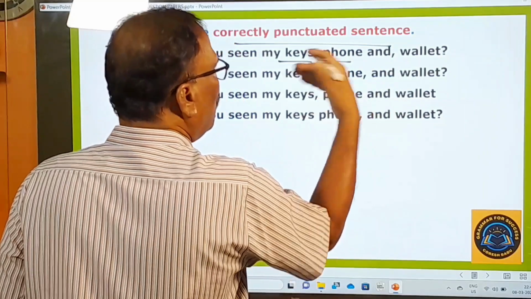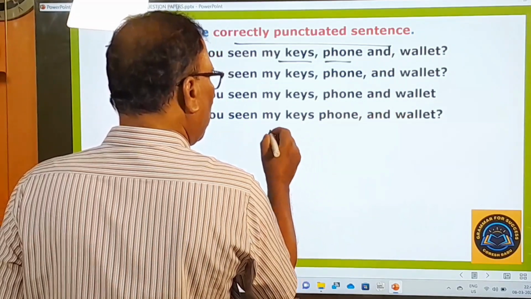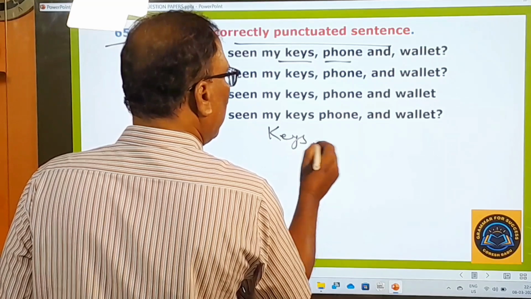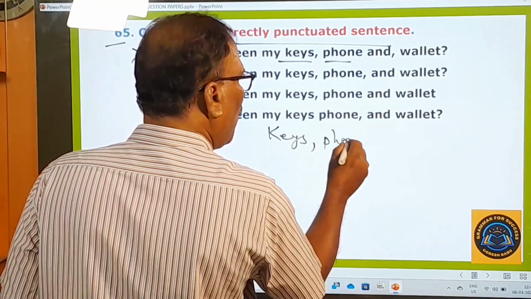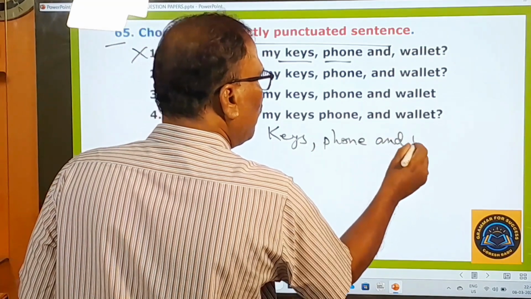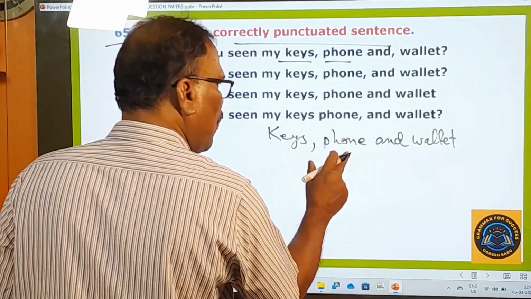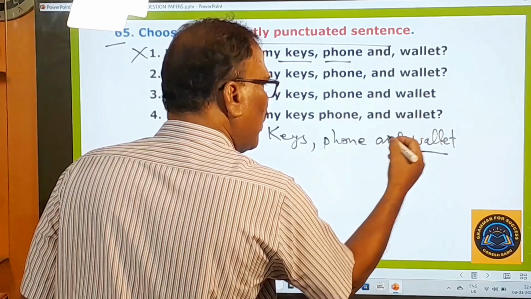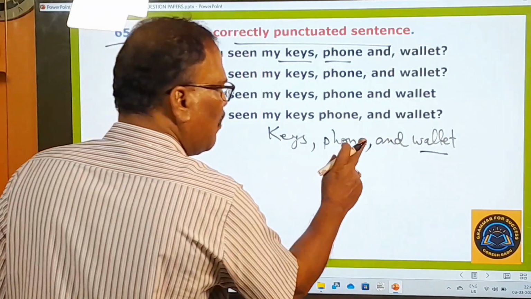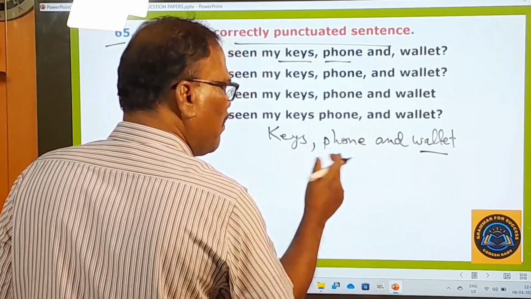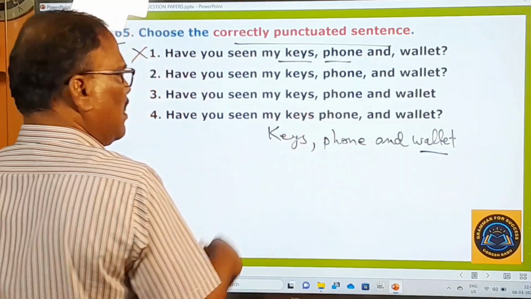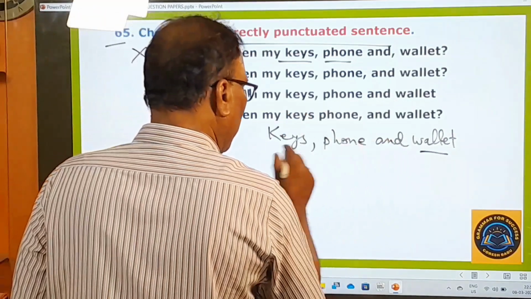When two or more things are there, you have to use commas like this. Keys, comma, phone and wallet. Generally, we should not use a comma before the last and, but nowadays people are using it. Keys, phone, and wallet. This should be the right one.